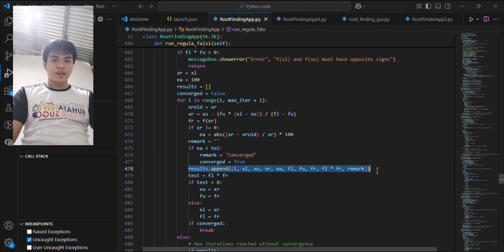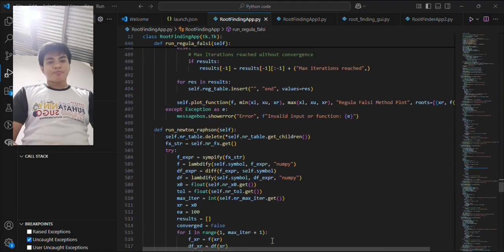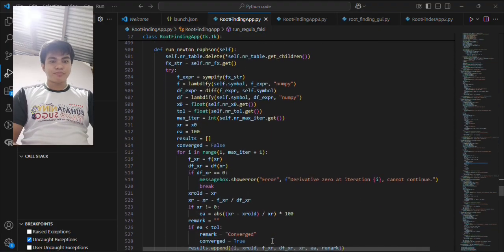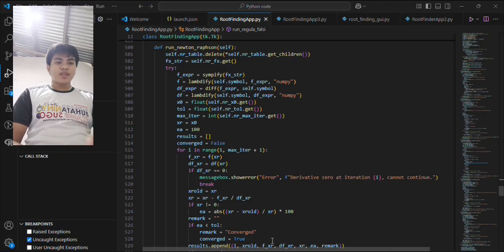Now, let's talk about the Newton-Raphson method. It is an iterative method that uses both the function and its derivative. Starting from an initial guess x0, it updates using xn plus 1 equals xn minus f of xn over f prime of xn.